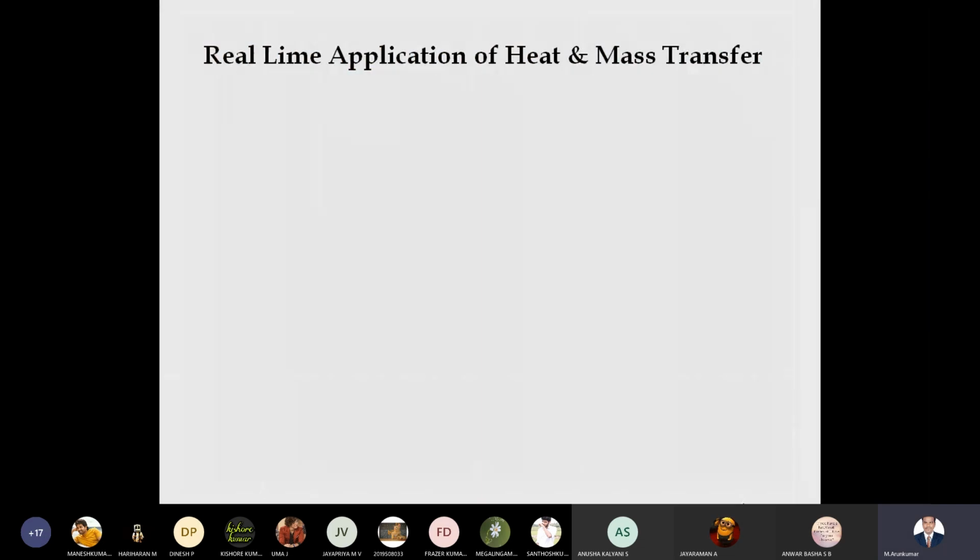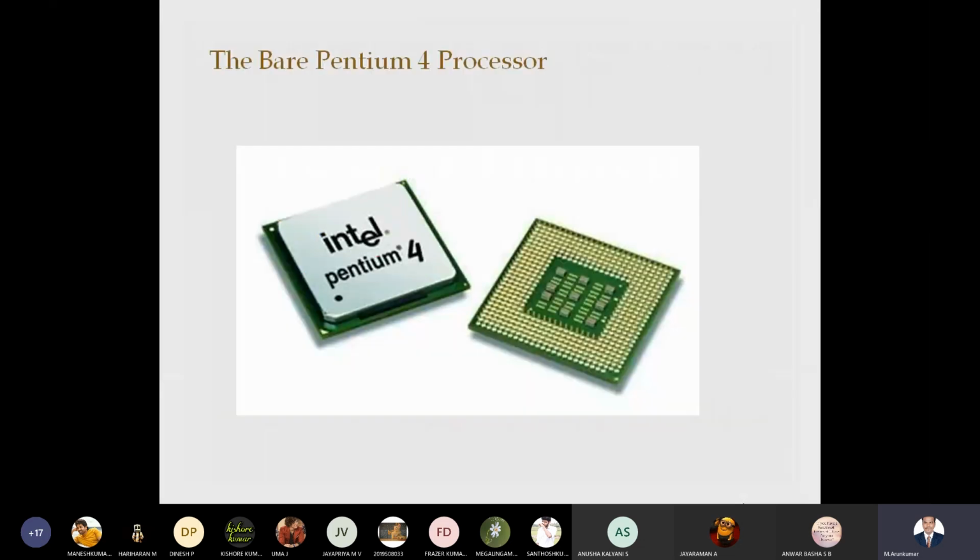Then we can look at the real-time applications of heat and mass transfer. To understand the philosophy through experience, we have some real-time heat transfers. You may know this part in the bare Pentium 4 processor.